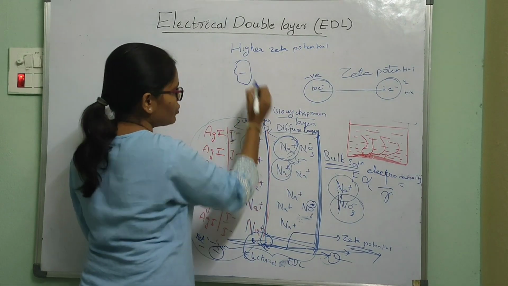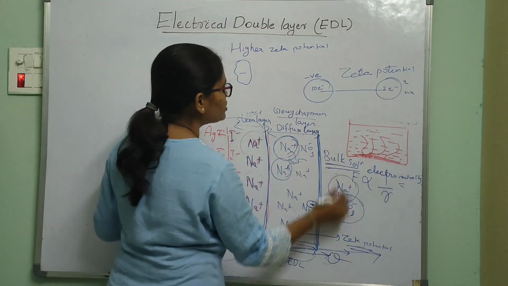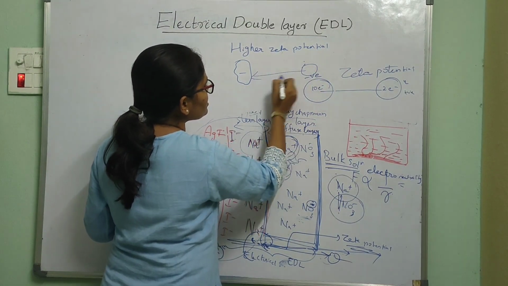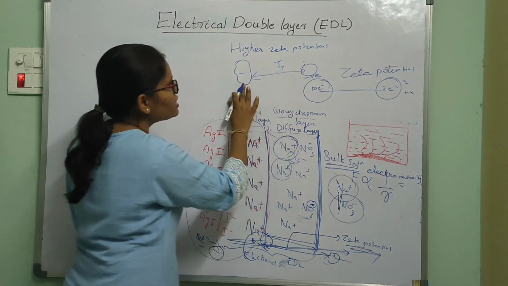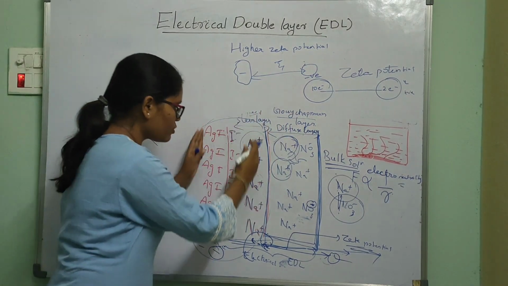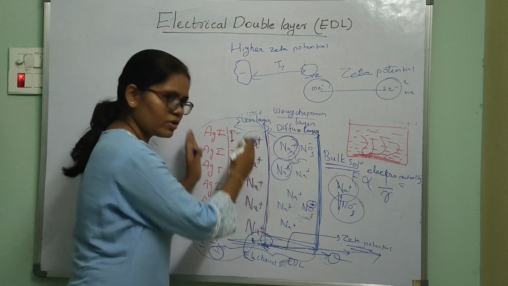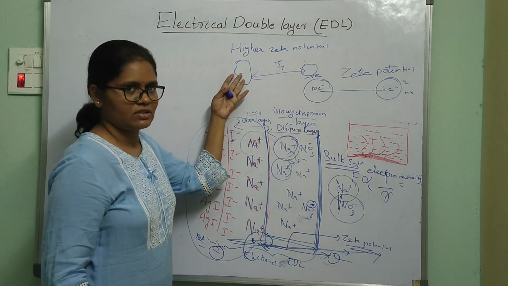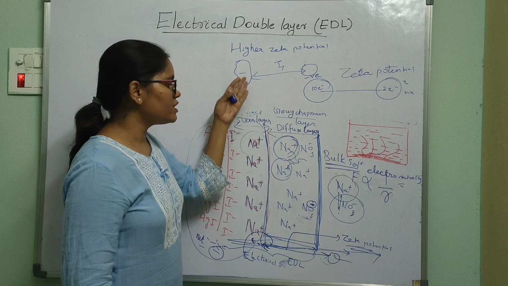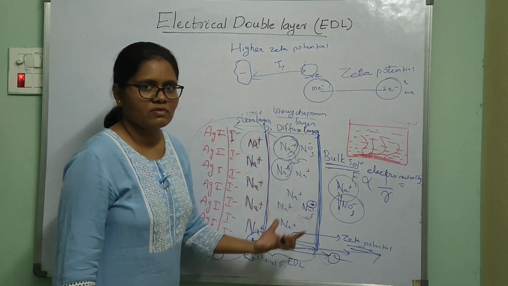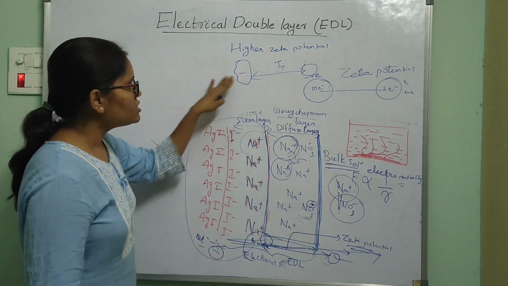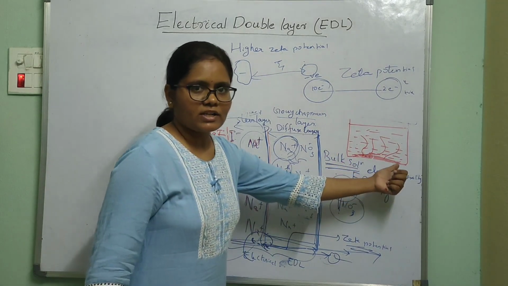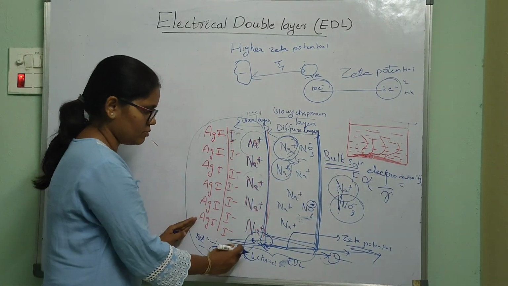So this side will be more negative and the bulk solution will be very less negative. Therefore, zeta potential will increase. So when this happens, that means the surface of the colloidal particle is more negatively charged. Only when it is more negatively charged will zeta potential be more. So when it is more negatively charged, what happens? There are other particles also. This is one colloidal particle.